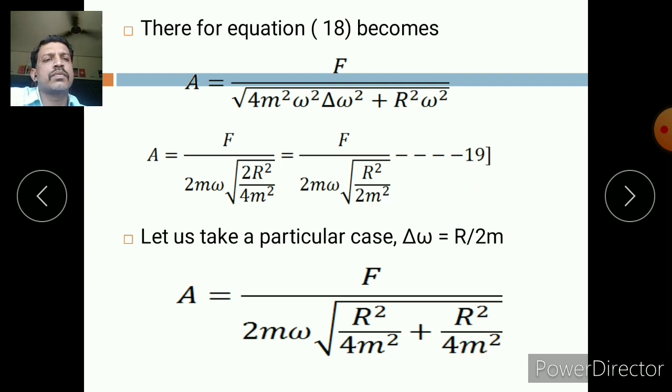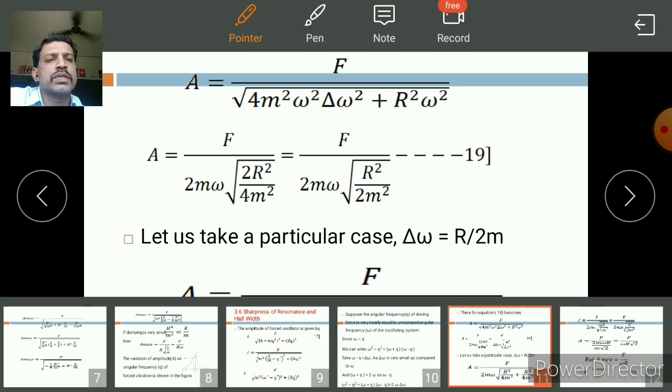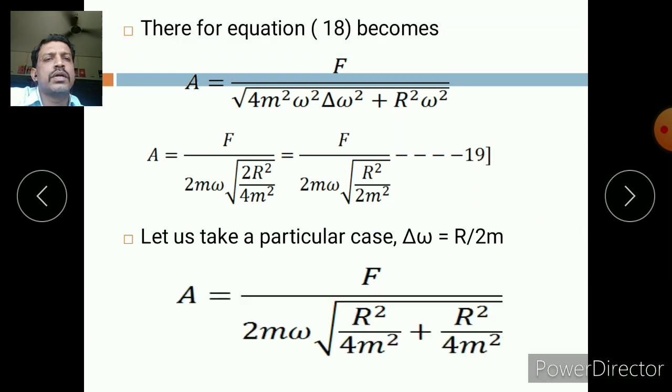So we simplify this equation also, and finally you will get this equation. If we add these two, r square upon 4m square plus r square upon 4m square, you will get the result.